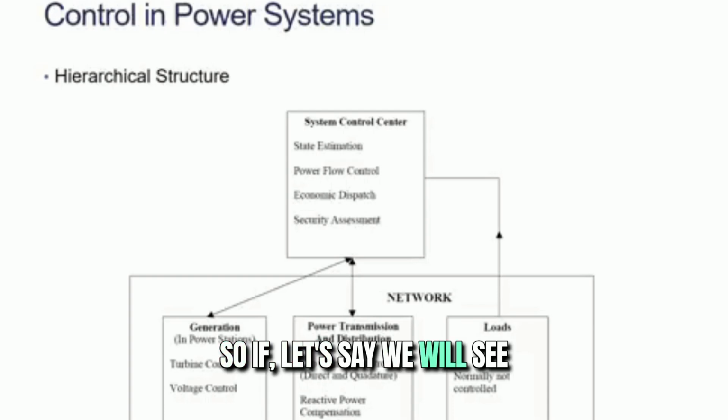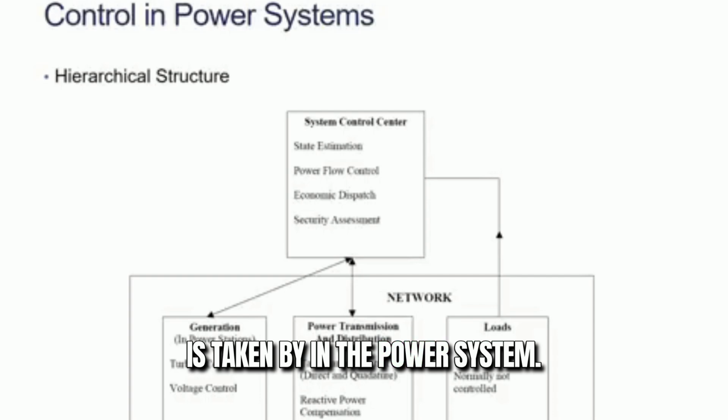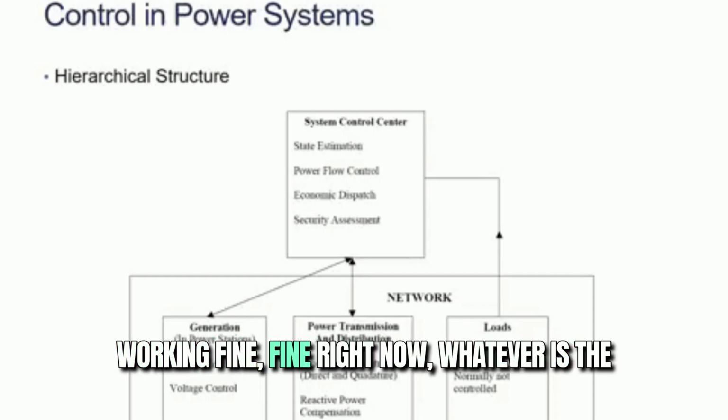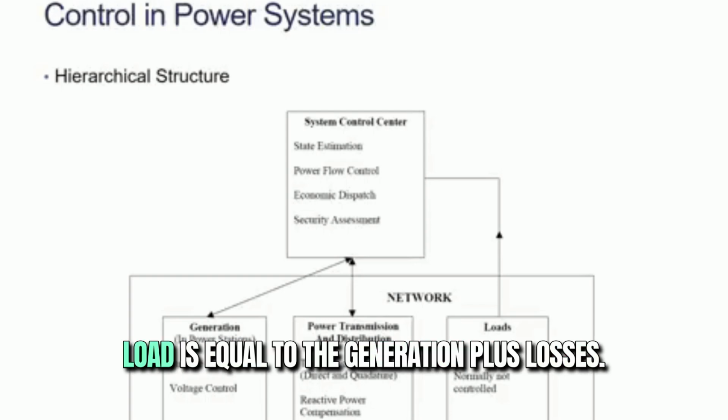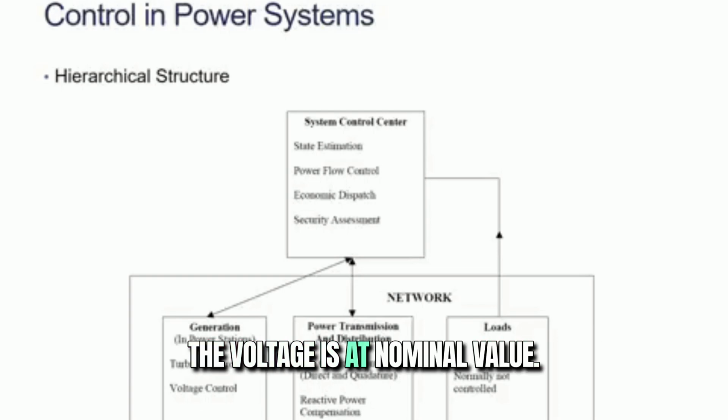We'll see a hierarchical structure of control actions taken in the power system. Assume that everything is working fine right now: the load is equal to the generation plus losses, the frequency is at 50 hertz, the voltage is at nominal value.